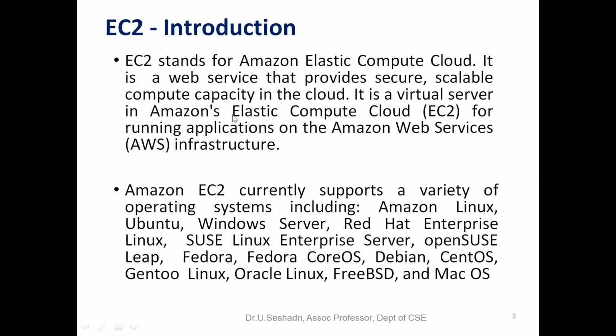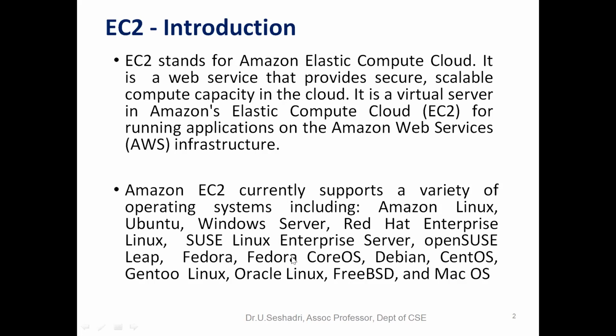It is a virtual server for running applications on AWS infrastructure. Amazon EC2 currently supports a variety of operating systems: Amazon Linux, Ubuntu, Windows Server, Red Hat Linux, SUSE Linux, Fedora, CentOS. Those are the different operating systems supported by Amazon EC2.